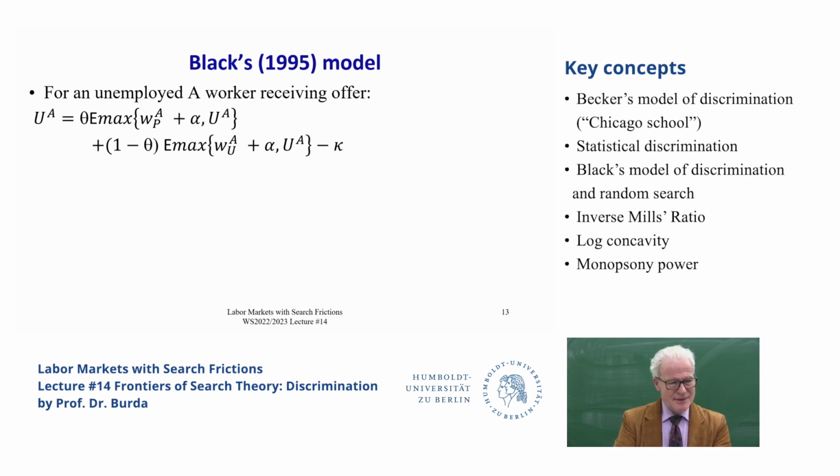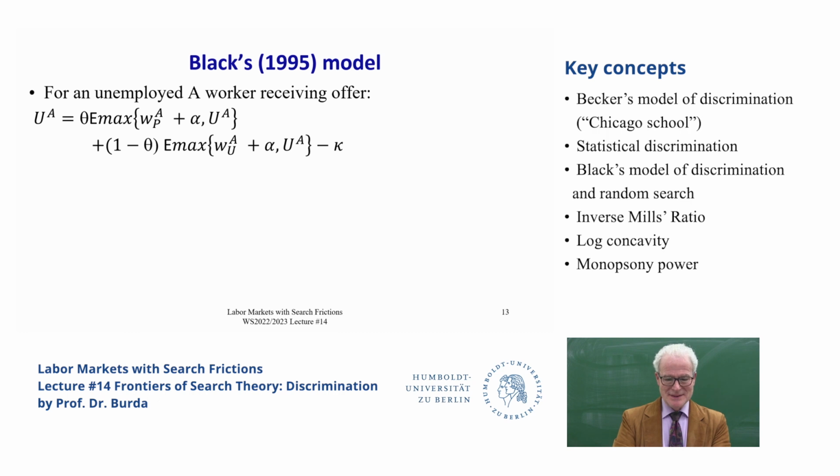So the key thing you should look at is theta. So for the A worker, theta doesn't matter so much. I mean, it's not like they're not going to get anything. They're going to get something. They're going to get an offer. And they might get a different offer.